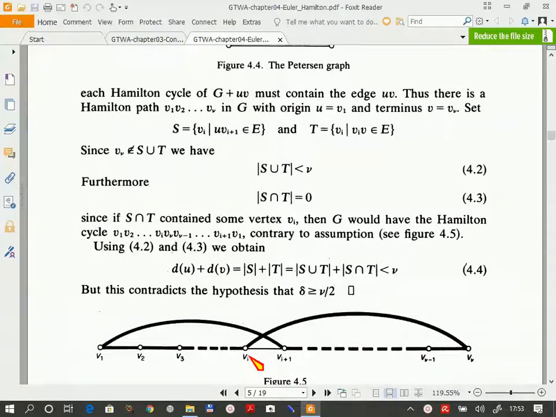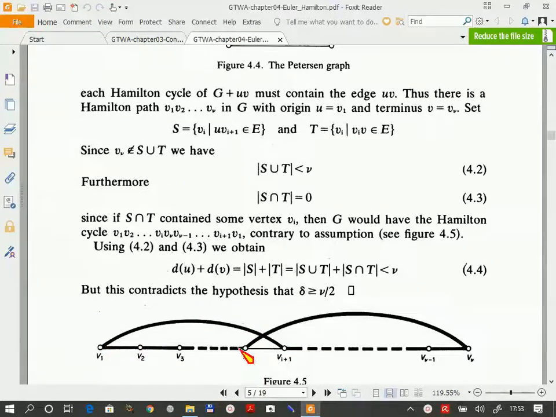Then you would have a Hamilton cycle like this. V1, V2, you go up to Vi, you jump to Vini because Vi is adjacent to Vini. You come back like this, you get to Vi plus 1, and then you jump to V1.